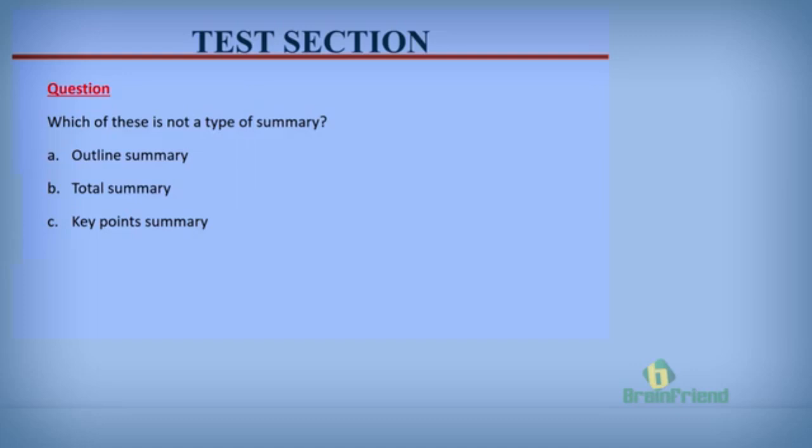The correct answer is B, total summary. The 3 types of summaries we talked about are main points summaries, outline summaries, and key points summaries. So total summary is not a type of summary. So if you picked B, you are absolutely correct.